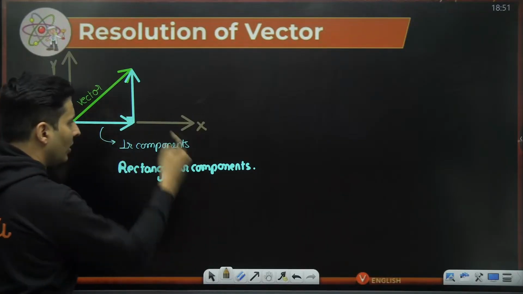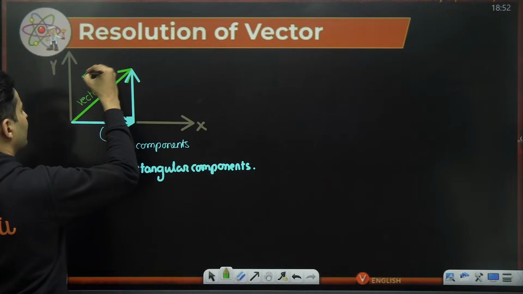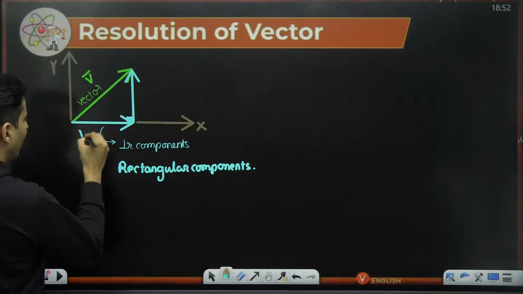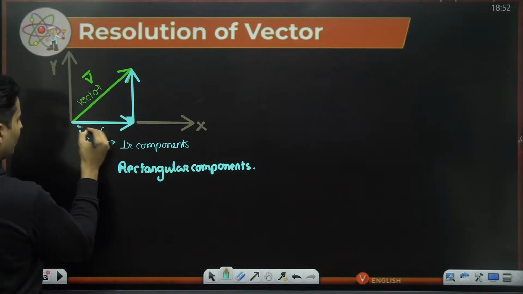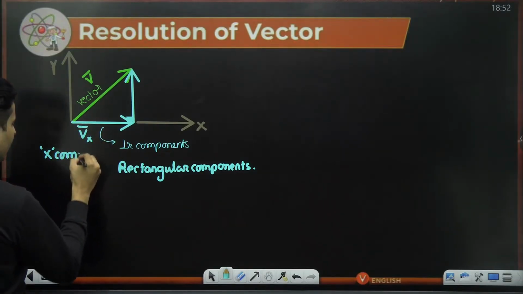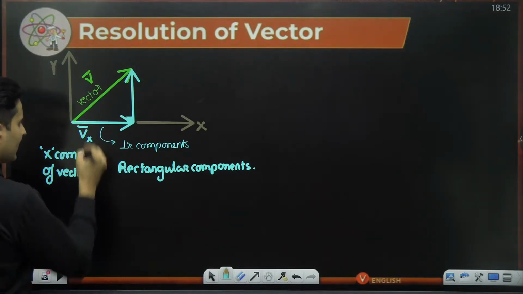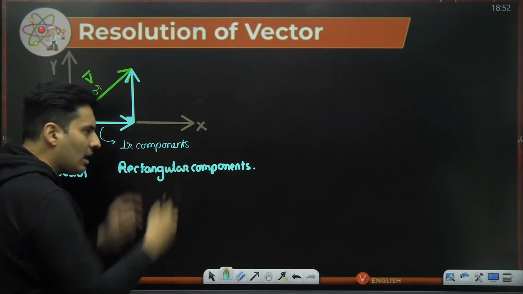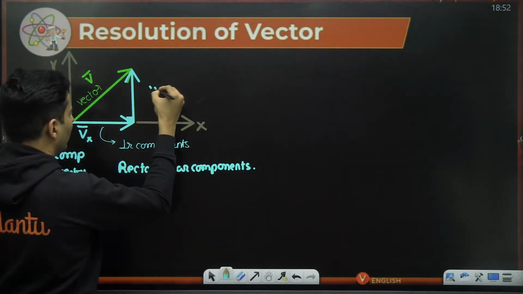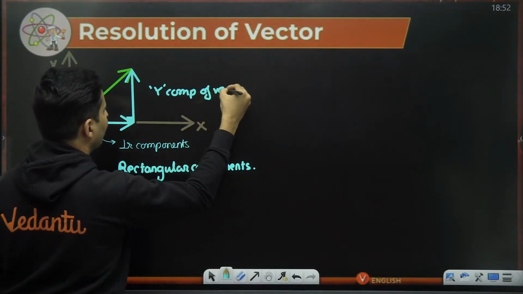This component, being along the x-axis, with this being the original vector itself, why not call it Vx, which is now the x component of the vector because it is along x. This component is along the y-axis, so why not call it the y component of that vector v.